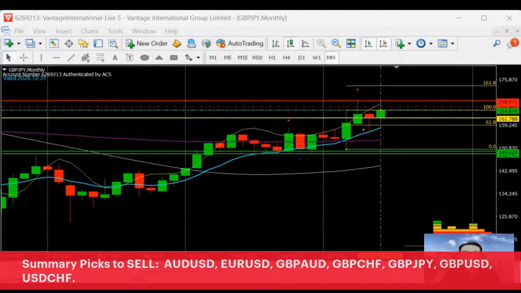So Forex New Way, you actually look at this monthly chart over here.